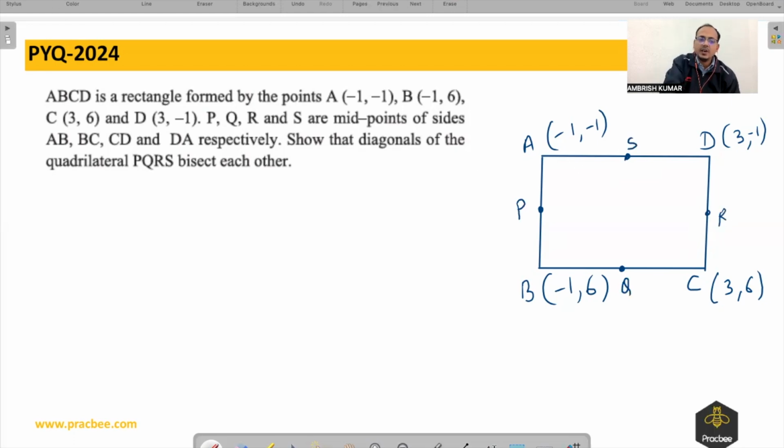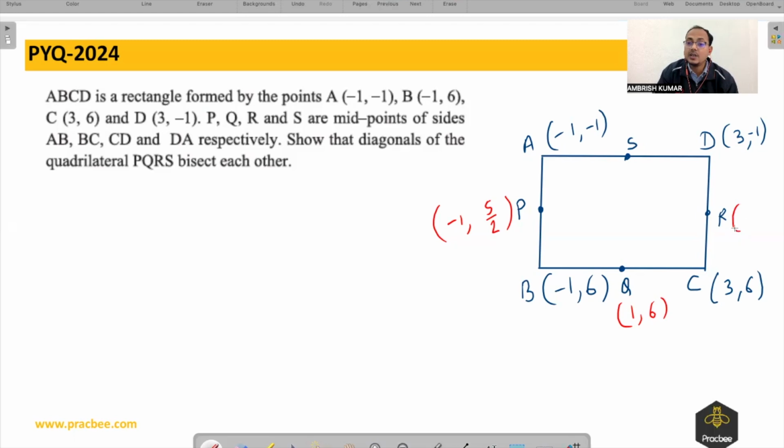Now see how we get the midpoint coordinates. Just x-coordinate sum divided by 2, y-coordinate sum divided by 2. For P: -1 plus -1, that is -2 by 2, so -1, and -1 plus 6 gives 5 by 2. Similarly for Q: -1 plus 3 means 2 by 2, so 1, and 6 plus 6, 12 by 2, 6.